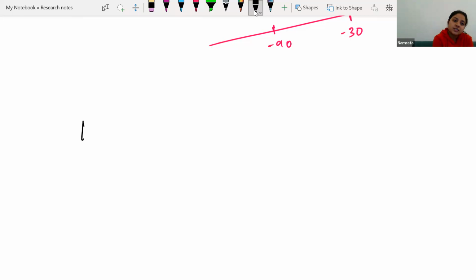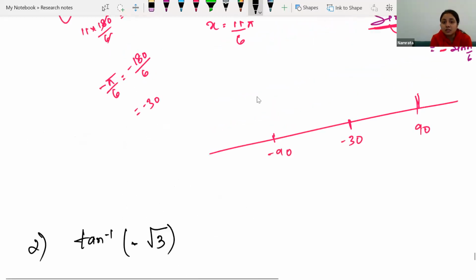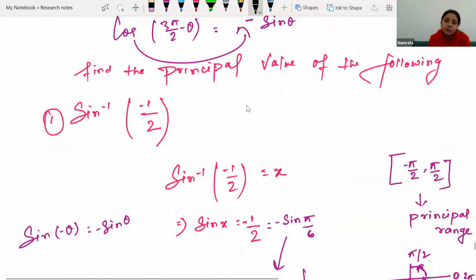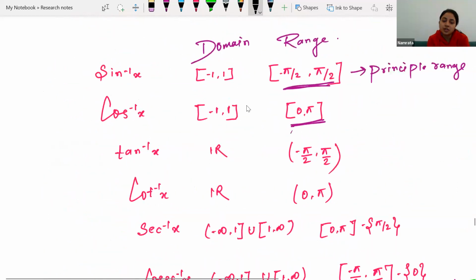If we are having tan inverse minus root 3, now again we'll be doing the same thing. Tan inverse minus root 3 is equal to x. Tan x is equal to minus root 3. You must learn the domain and range of inverse trigonometric functions.